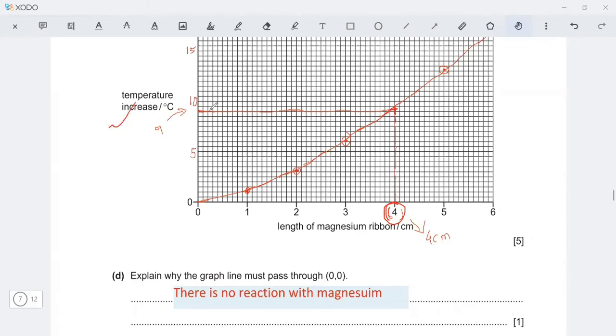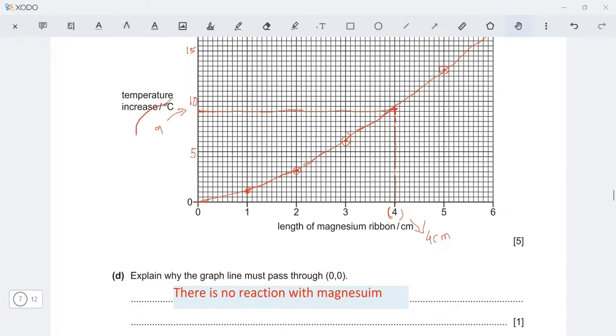So you have two intersections, the vertical line from the magnesium ribbon length intersecting the line graph, and then the horizontal line will give you the temperature.